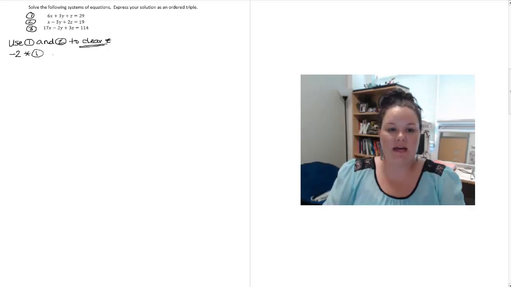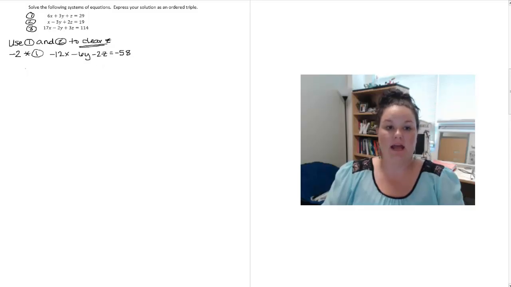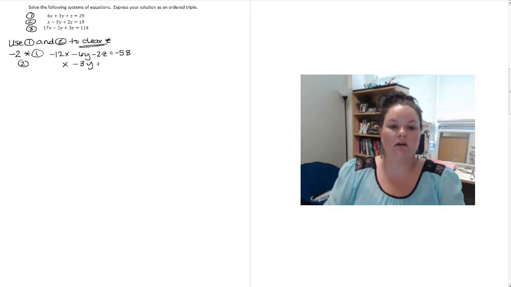Okay, when I do that, I'm going to get -12x, -6y, -2z, and that equal to -58. And then equation 2 is going to stay exactly the same as it was: x minus 3y plus 2z is equal to 19.